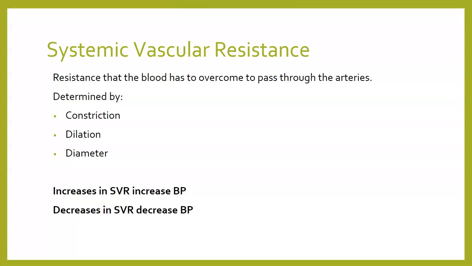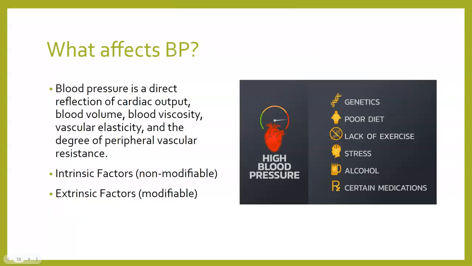High blood pressure over time can lead to more narrowing of arteries. This is just something to keep in mind, different things that are going to affect the blood pressure. So if our resistance increases, then our blood pressure increases. And if our SVR decreases, our blood pressure decreases.